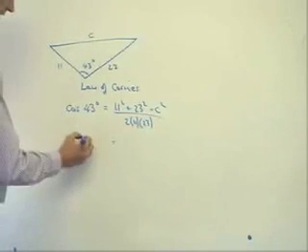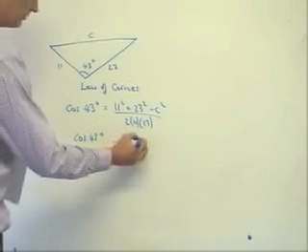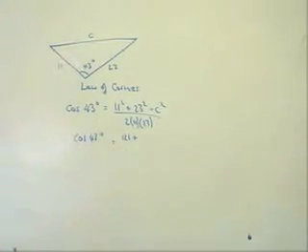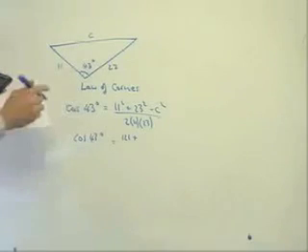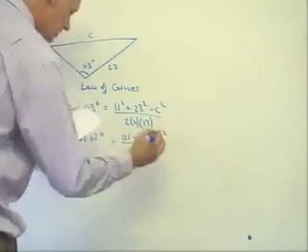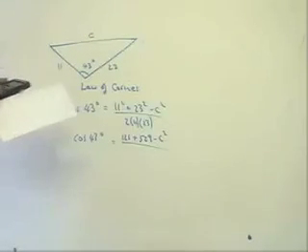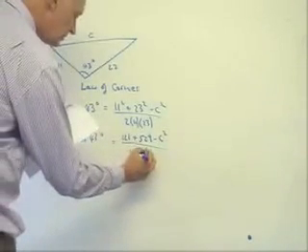So cos 43 equals 121 plus 529 minus c squared over 506.